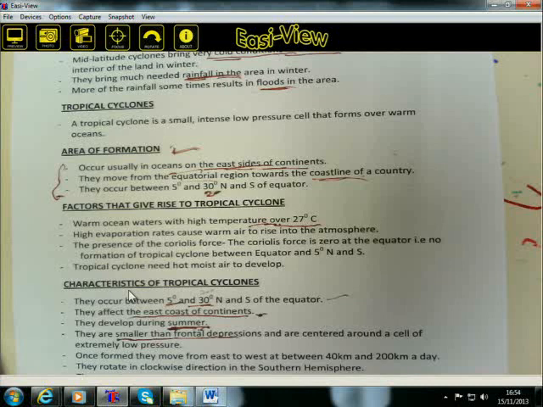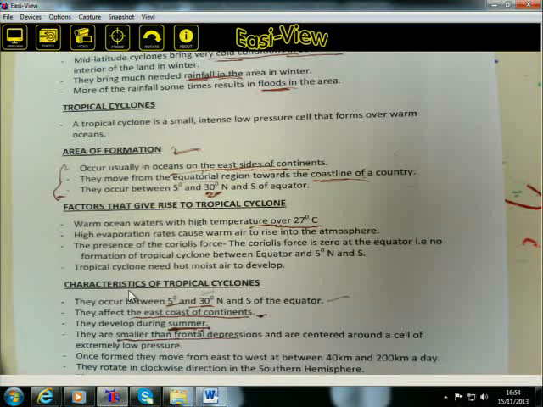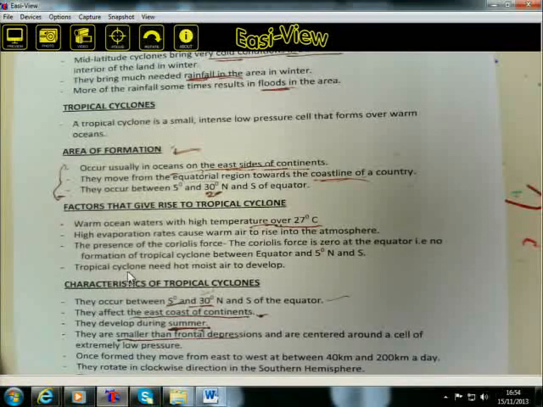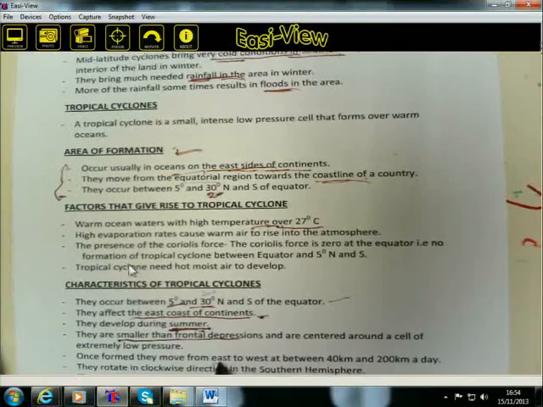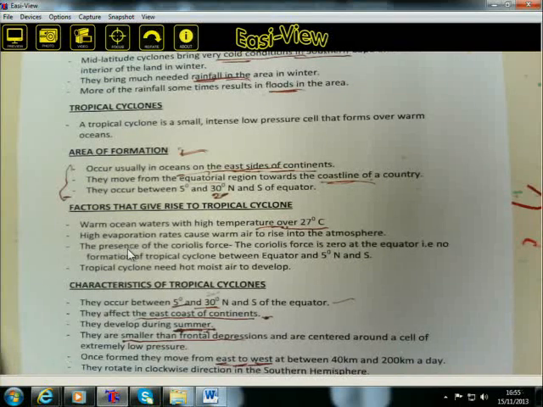I believe you are with me. Once tropical cyclones are formed, once they have met the requirements, they will move from east to west. The whole system will move from east to west.